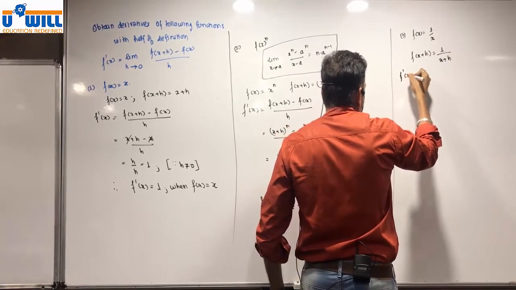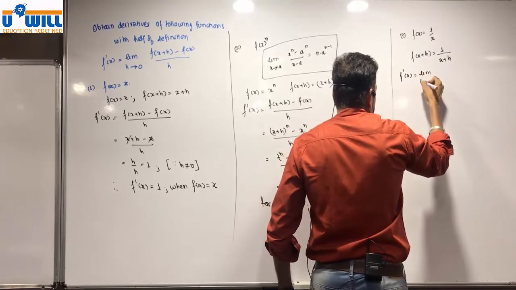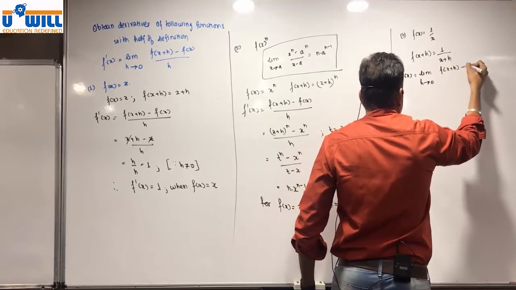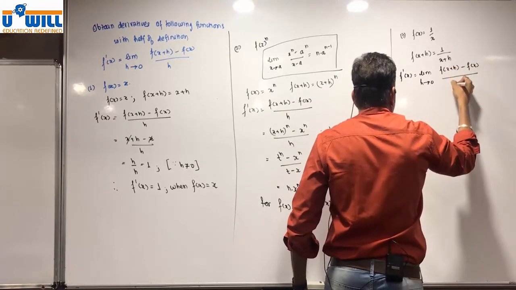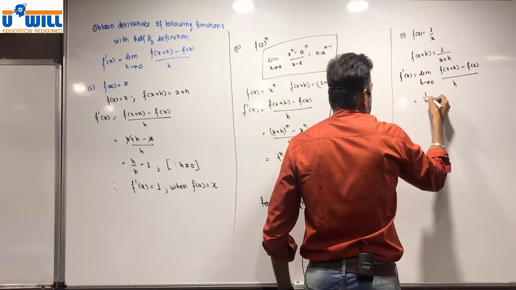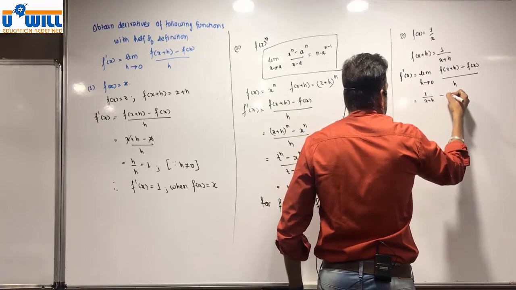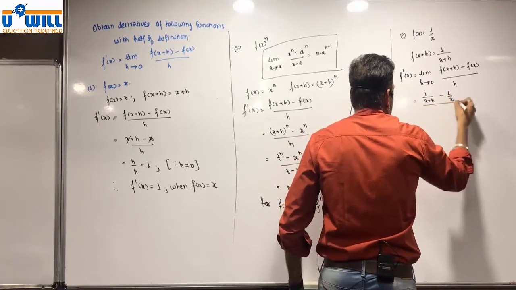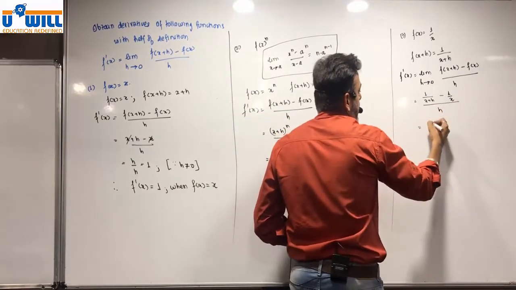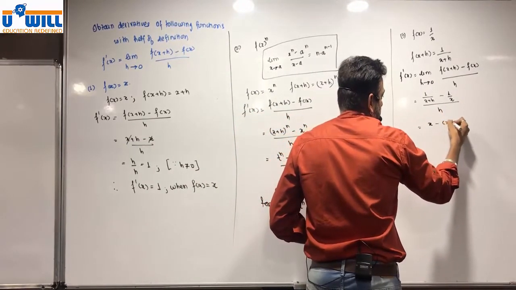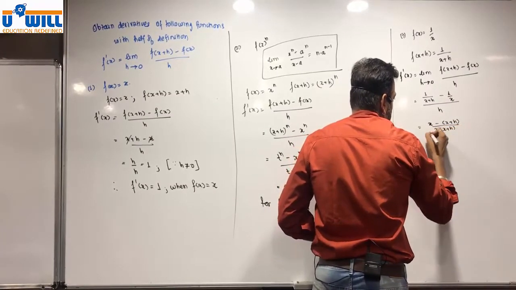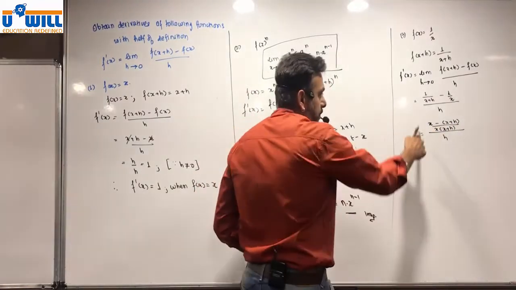Derivative of function f of x is equal to limit h tends to 0, f of x plus h minus f of x upon h, which is equal to 1 by x plus h minus 1 by x whole upon h. Now we have to solve this. Very simple, cross multiply. x minus x plus h upon x into x plus h whole upon h. ये पता चल गया कैसे आया?